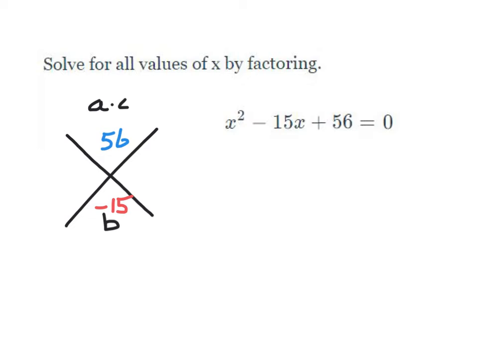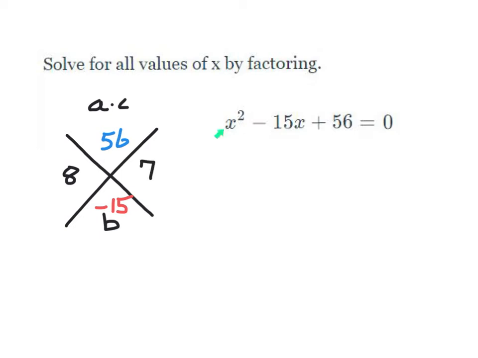8 times 7 equals 56, but we need it to equal a positive 56 when they're multiplied, but when they're added, the sum is a negative number. Well, if they're combined to equal a negative, but they multiplied to get a positive, then they're both going to have to be negative, okay? So then we're going to have an 8 and a 7, okay?